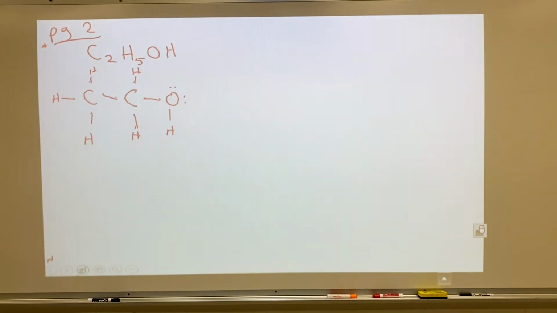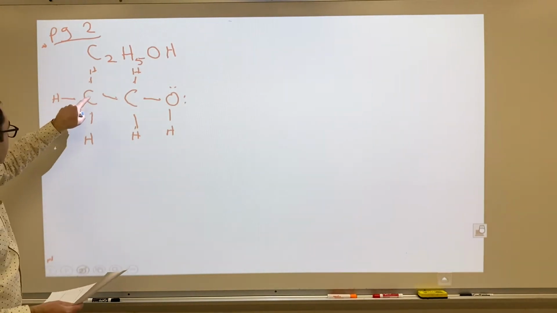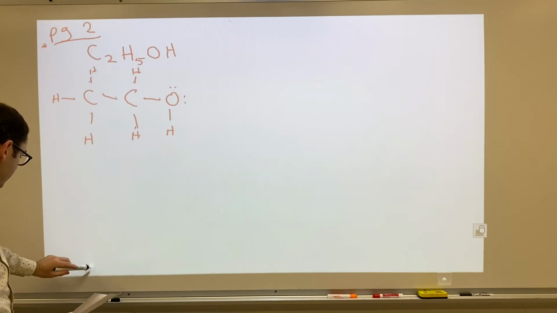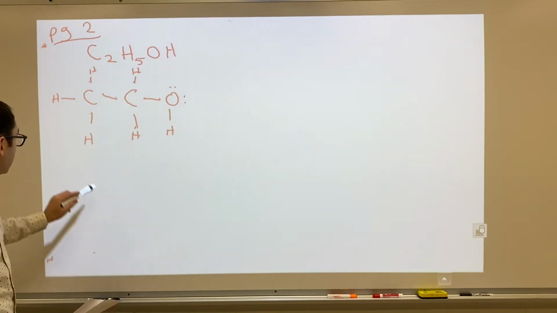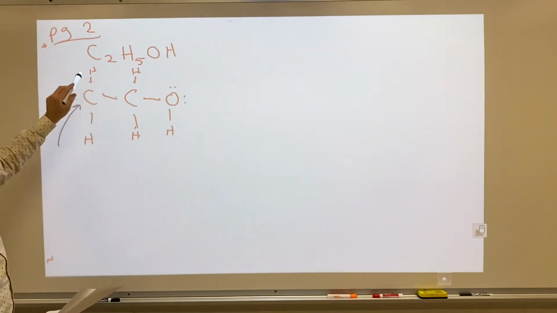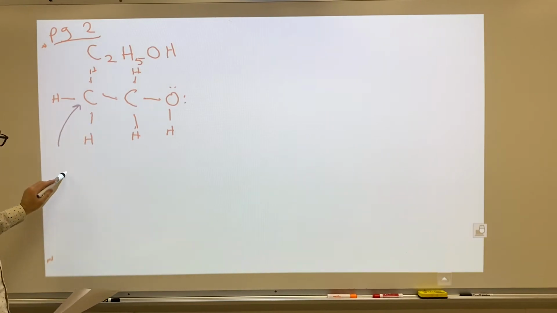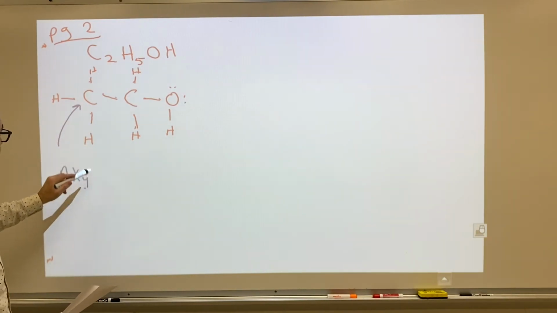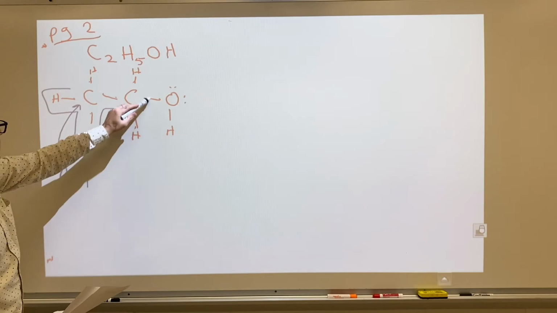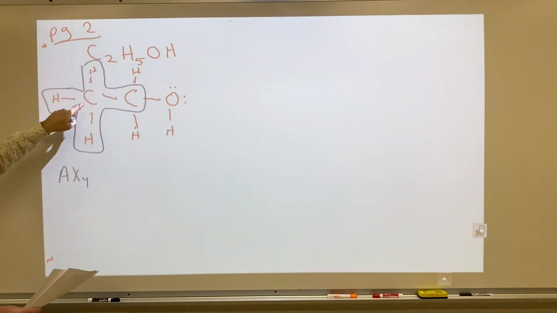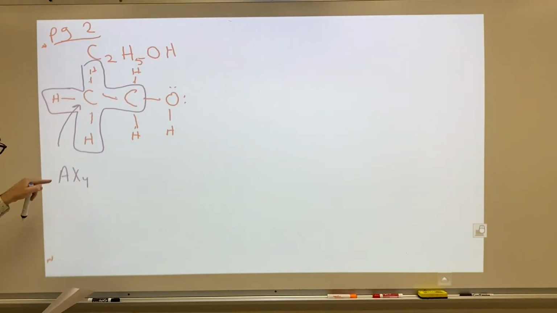We need to check the shape of this to make sure that everything's good. So carbon, that's going to be a central atom. So let's look at that one. What's the AXE for this one? Good, yeah, it's AX4. This carbon's connected to 4 other things, so AX4.